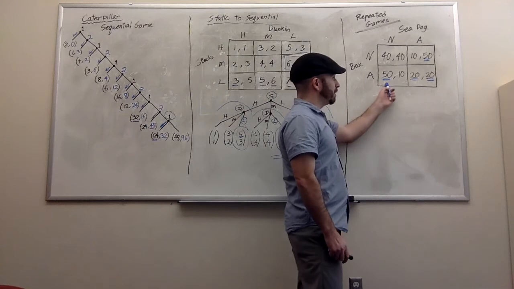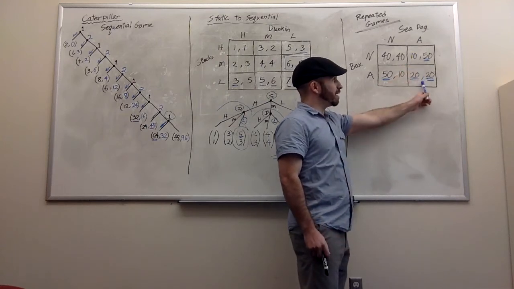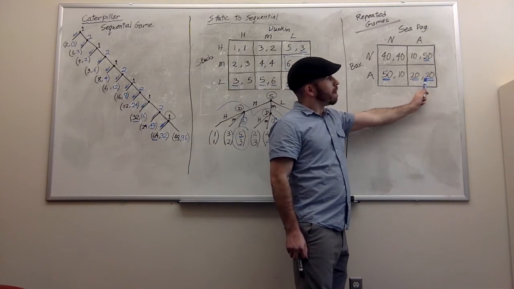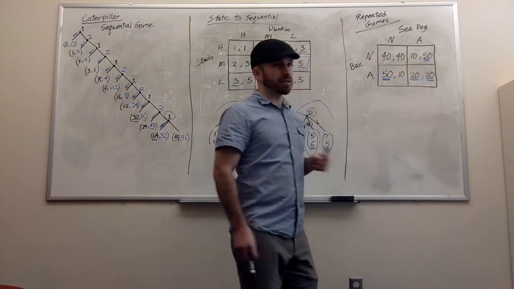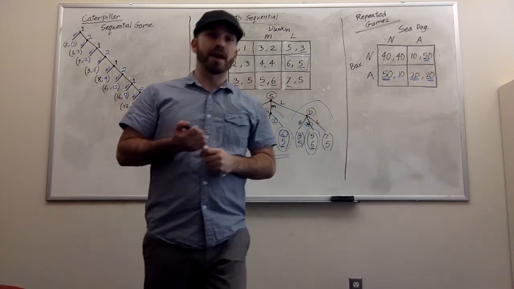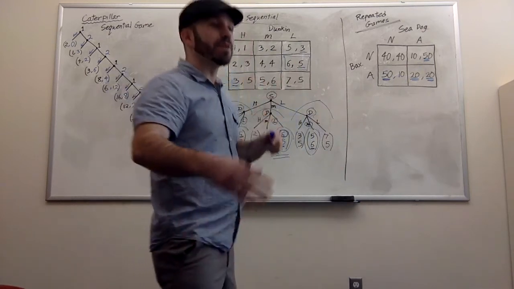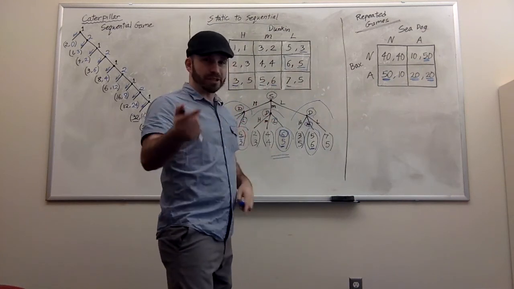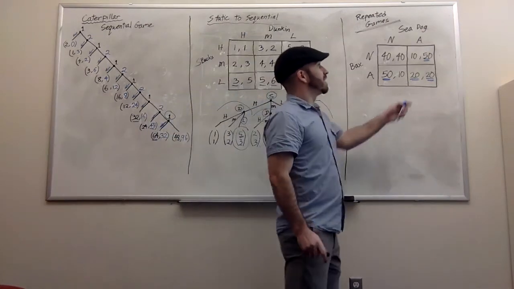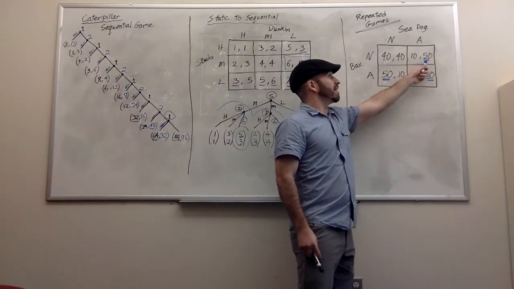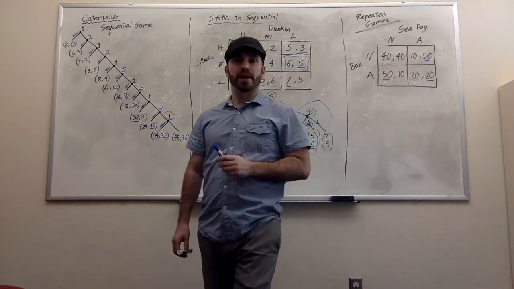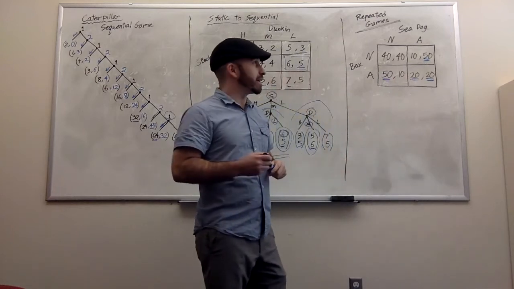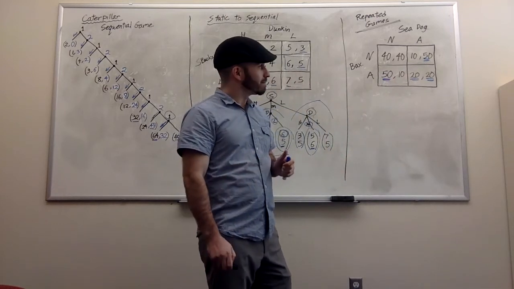Which means not only is it rational for CDOG to in that last month also defect, but CDOG knows that I'm going to cheat on them in the 12th month, and so in the 11th month they might say, well, I know you're going to cheat on me next month, so I'm going to cheat in November and try and capture that extra $10,000, because I know we're both going to be earning only $20,000 in December.